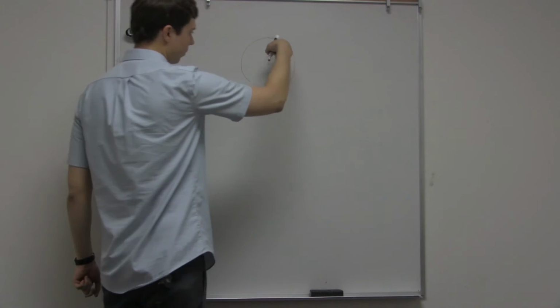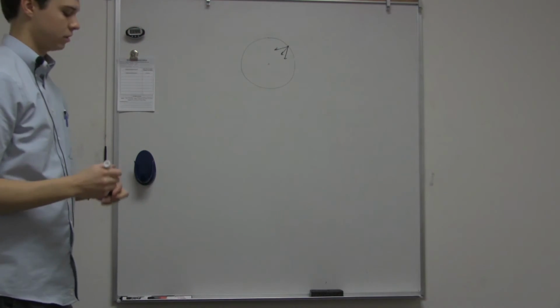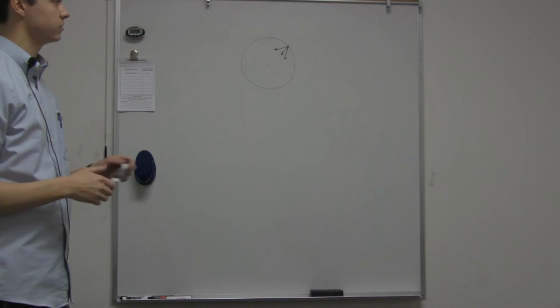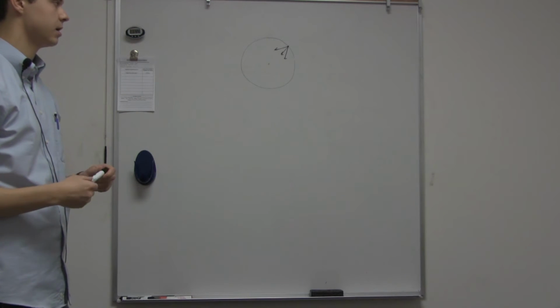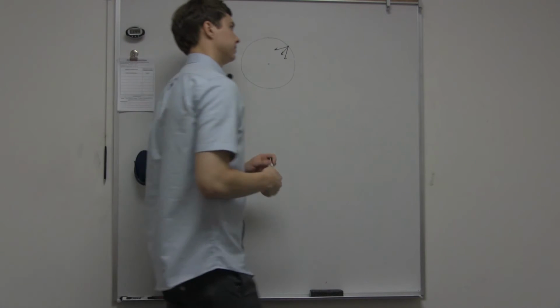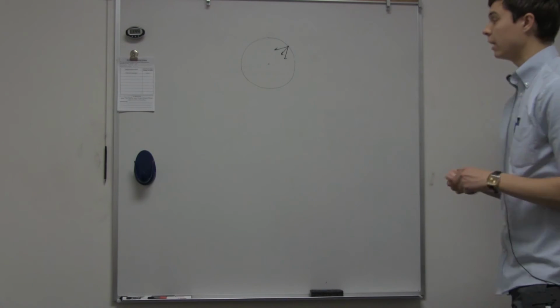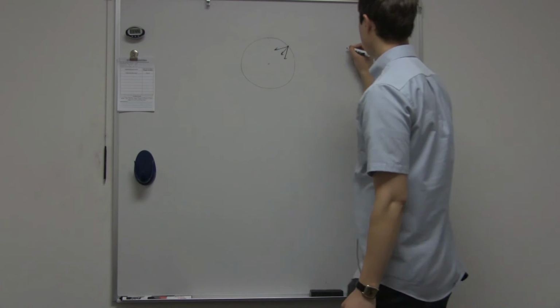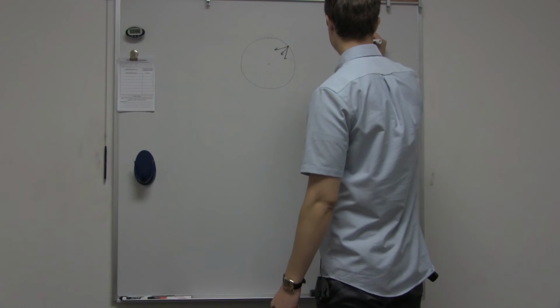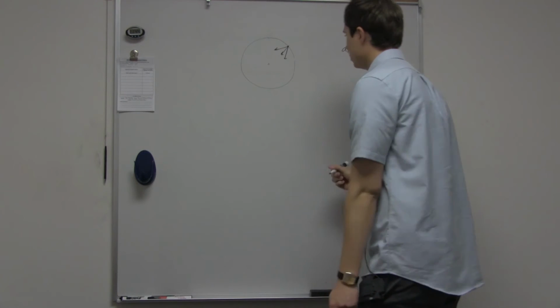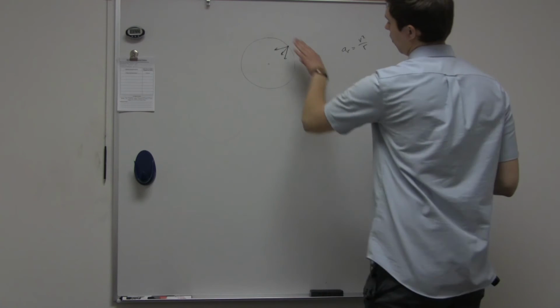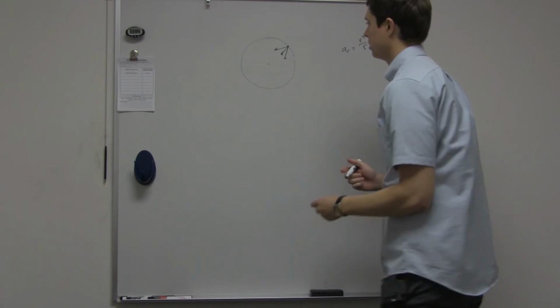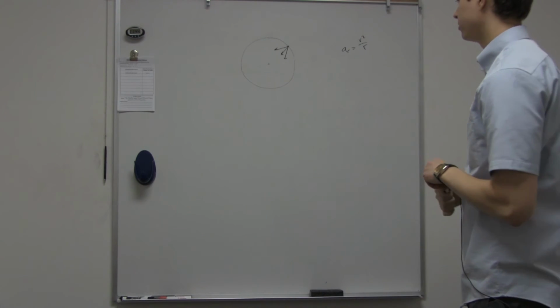We need an inward component and a backwards component. That way it's continuing to turn, but it's also slowing down and eventually will come to a stop. So the inward component is always centripetal acceleration, which is v squared over r. And then the forward or the backward component, we usually call that tangential acceleration.